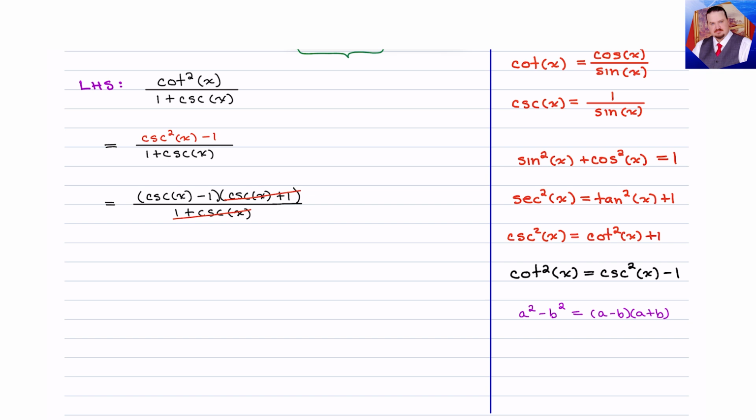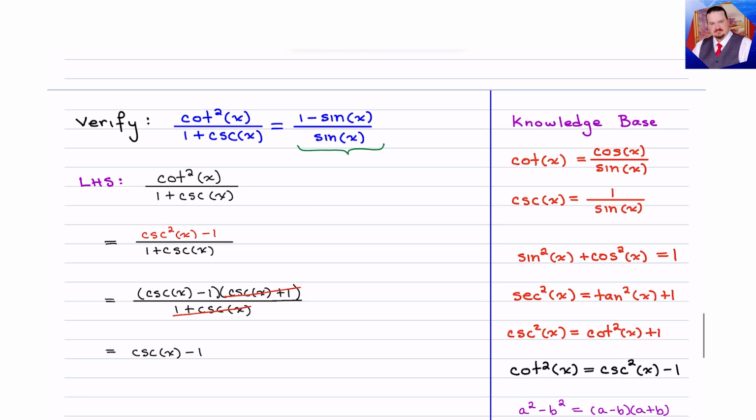Some people say both, some people don't like the term cancel. So what are we just left with? Cosecant x minus 1. Now take a glance back up, that wasn't our right-hand side. Now we stop for a moment and breathe. Look, our right-hand side has only sines in it.